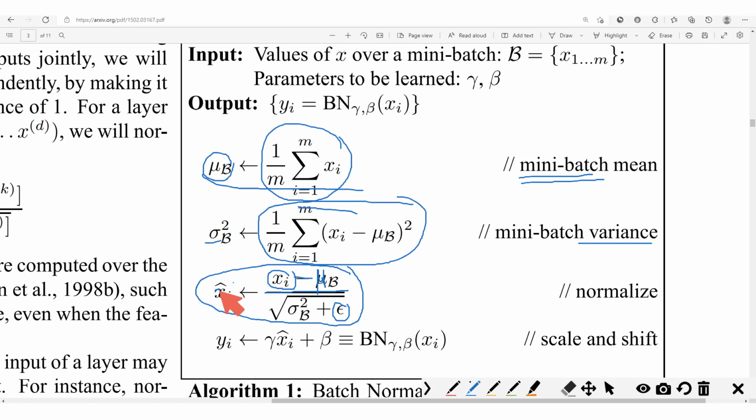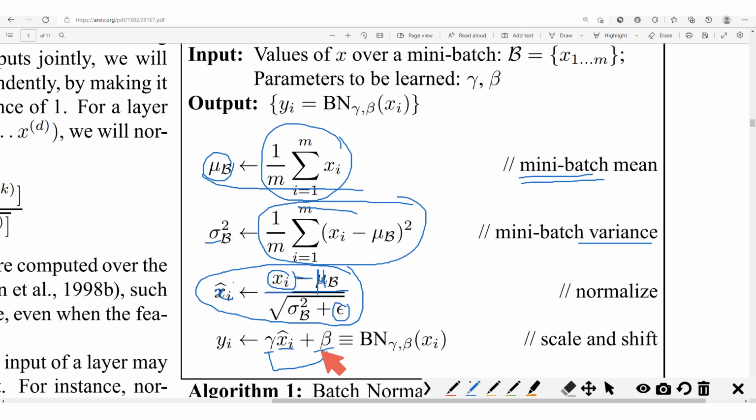Now after getting this new value of x chapeau, we multiply it by gamma and add beta. This gamma and beta are actually trainable parameters. So when working with batch normalization in, say, TensorFlow or PyTorch, you'll notice that the batch norm layer will also have its parameters.